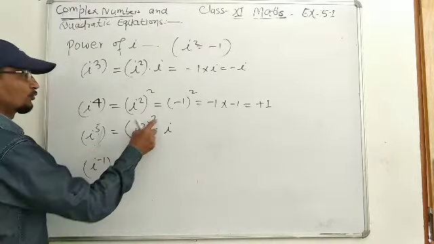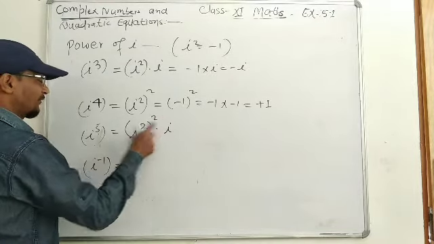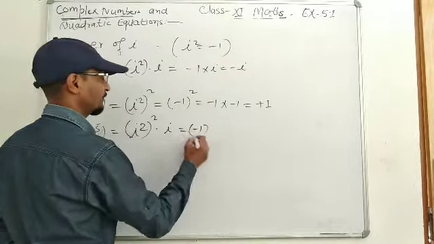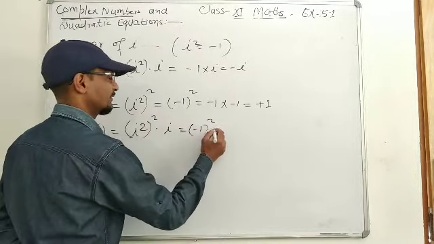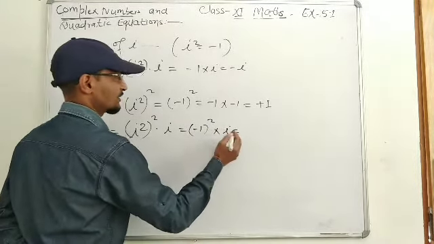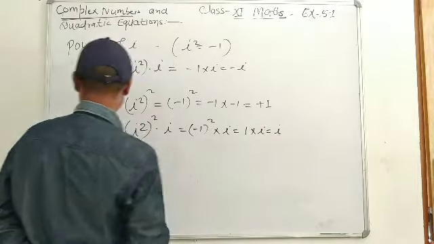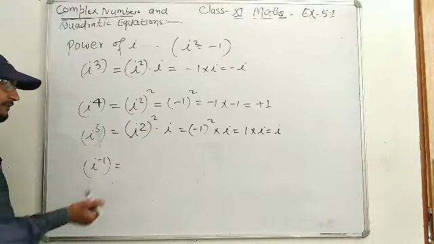So i to the power 4 times i gives i to the power 5. This equals the value of i square, minus 1 again square, into i, minus 1 square is 1, into i, which equals i. So i to the power 5 is becoming i.